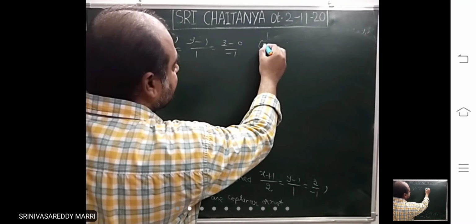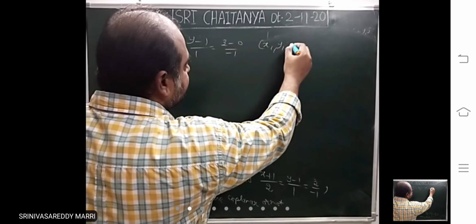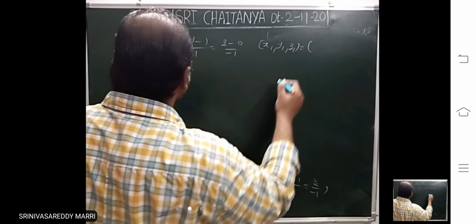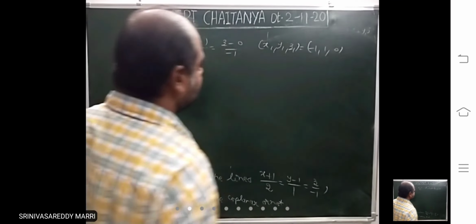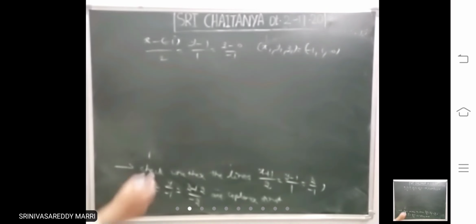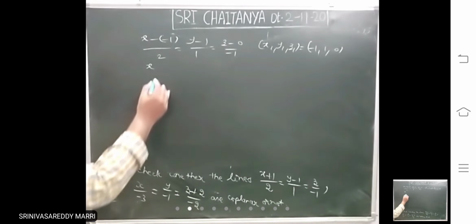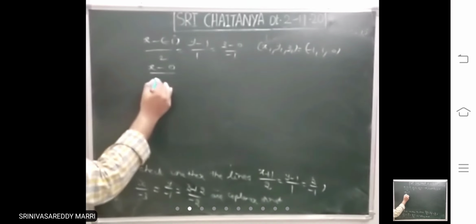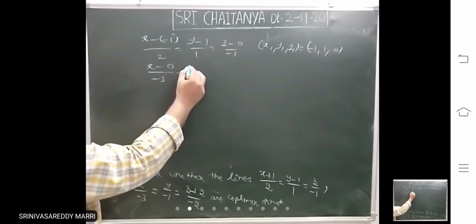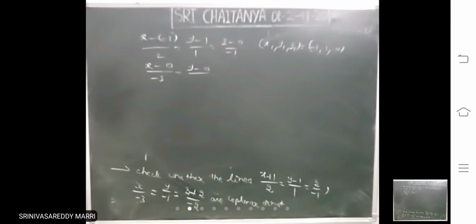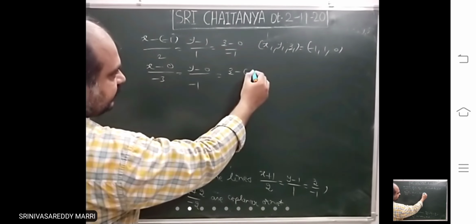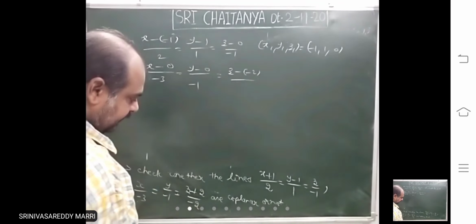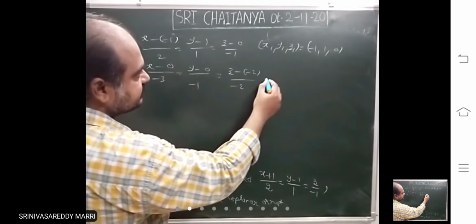So from this you calculate x1, y1, z1. What is that? Minus 1, 1, 0. Second line. Second line is what? x minus x2 equals y minus, nothing is there, means 0, divided by 1 equals z minus of minus 2 divided by minus 2.